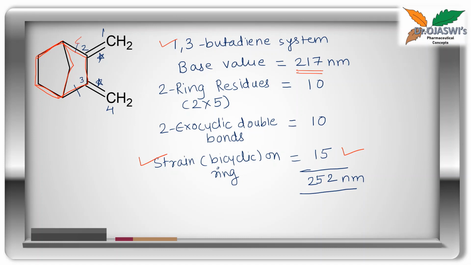There are two ring residues at carbon number 2 and carbon number 3 which increase the lambda max by 10 units, and these two double bonds are exocyclic, so we are increasing by 10 units. So total 252 nanometers is the theoretical lambda max for this particular structure.